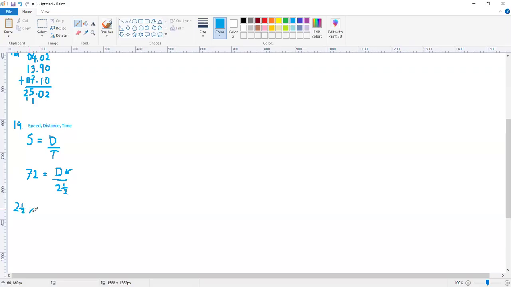On the left hand side, 2.5 is going to multiply 72. And on the right hand side, we're going to also multiply d divided by 2.5, times 2.5.